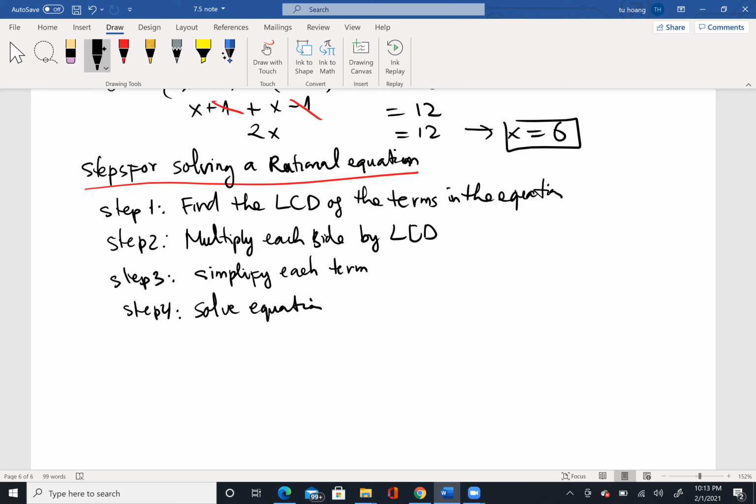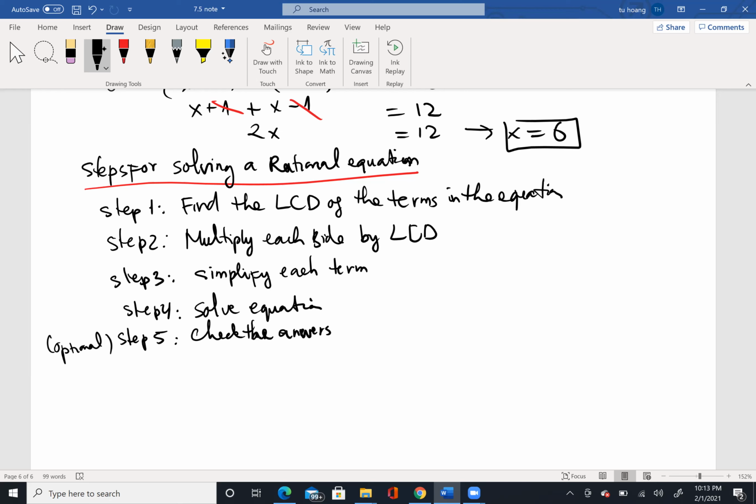And then step number 5 is optional: double check the answer by substituting back the solution.